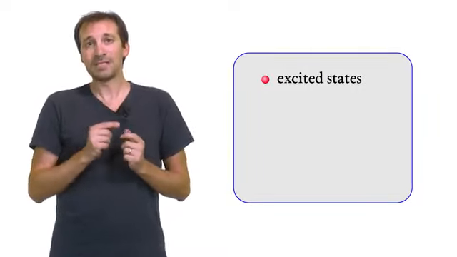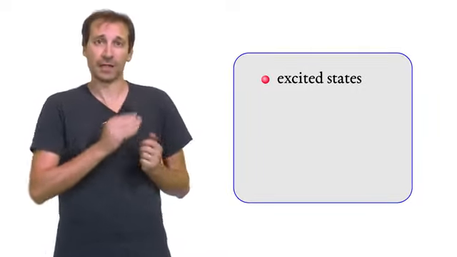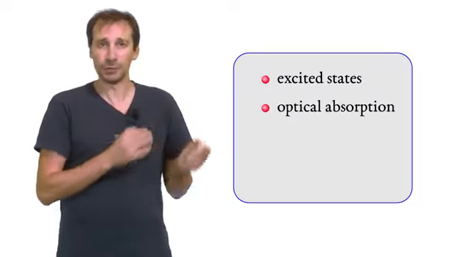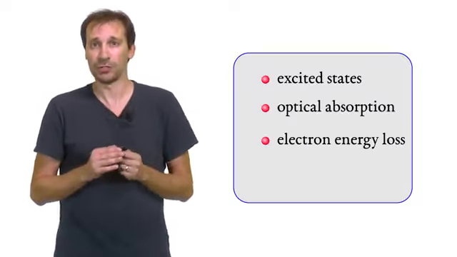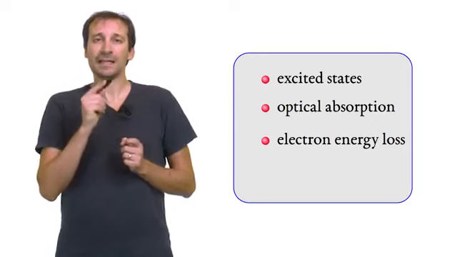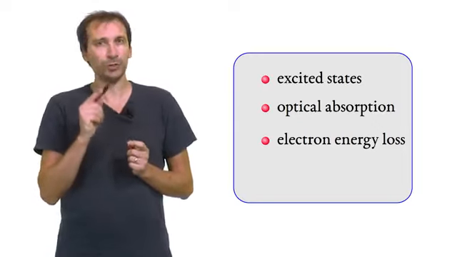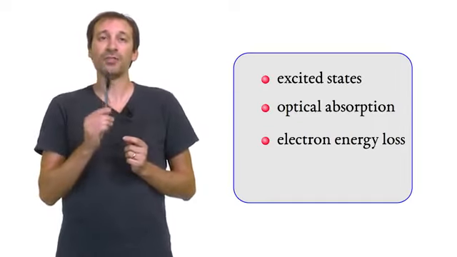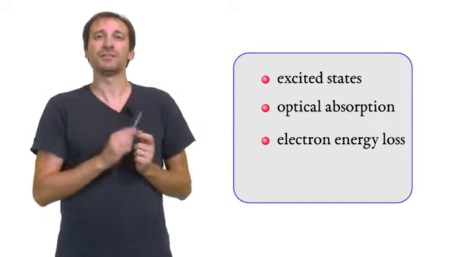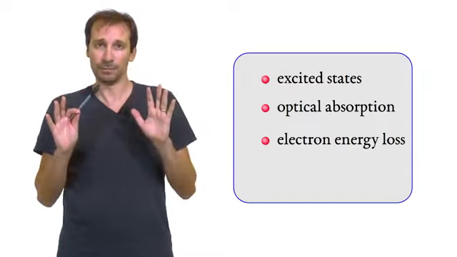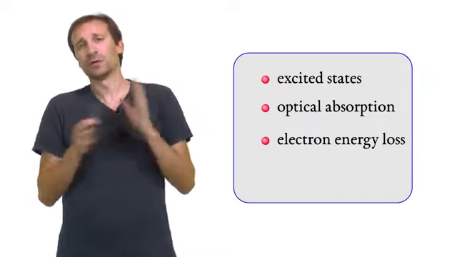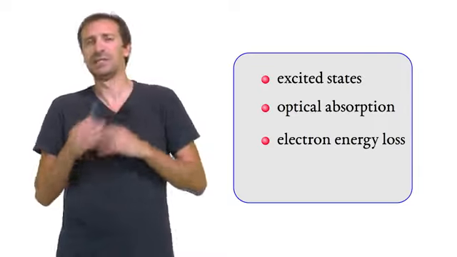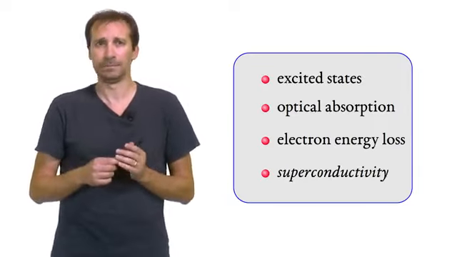The same can be said for certain linear response functions that lead to optical absorption or electron energy loss. We will see that even if in practice we do not use DFT to tackle this kind of spectra, they are nonetheless observables of density functional, at least in principle. And this without even considering special cases like spin systems or superconductivity.